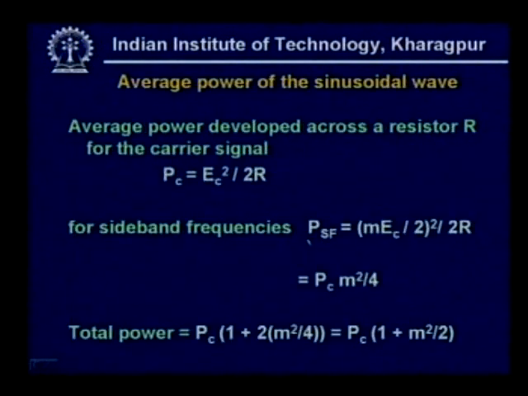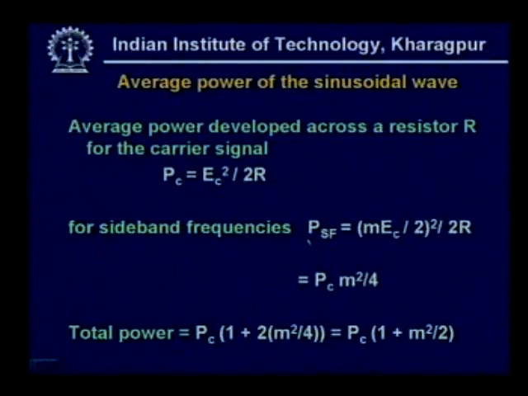Now, how much power will be associated with transmitting this signal? It is very important to understand the power required for transmission of the analog signal. As you have seen, there are 3 different frequency components. Each of the frequency components will require power for transmitting through the antenna.